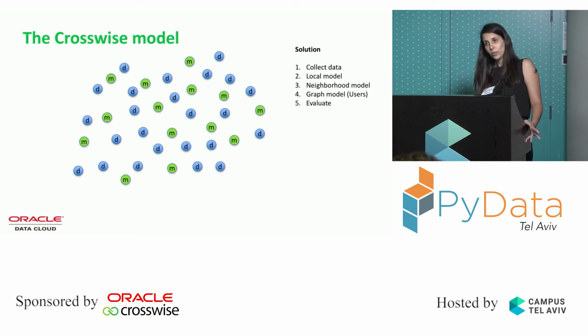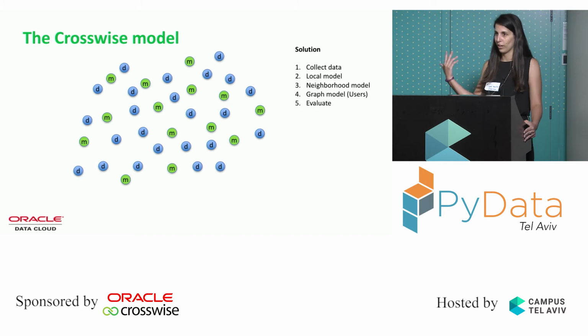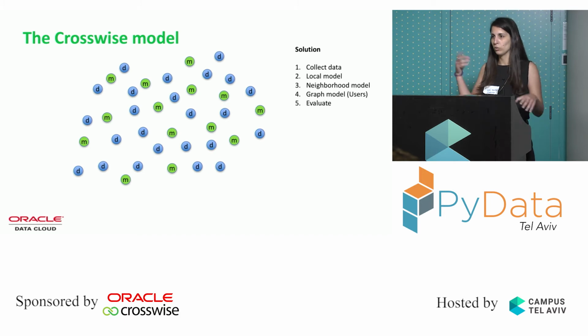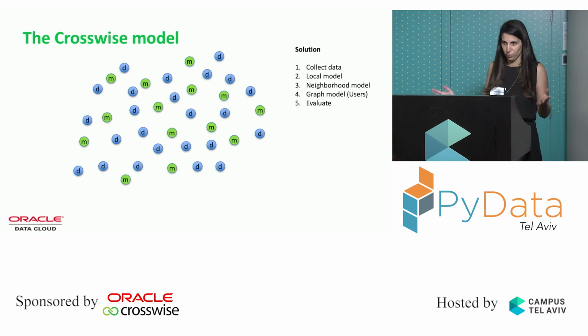Then we use another classifier to run a neighborhood model, again on pairs of devices, but taking into account other devices close to them as well. And finally, we use a graph model to go from looking at pairs of devices to looking at groups of devices: 2, 3, 5, however many devices you think a person has. And of course, the last part is to evaluate what we do and make sure that it's not just random.